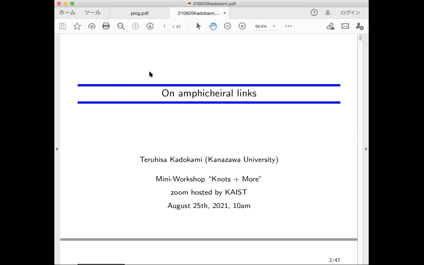An Amphicheirality link is a link which is equivalent to its mirror image. As terminology, amphicheiral is sometimes said achiral, and non-amphicheiral is said chiral.